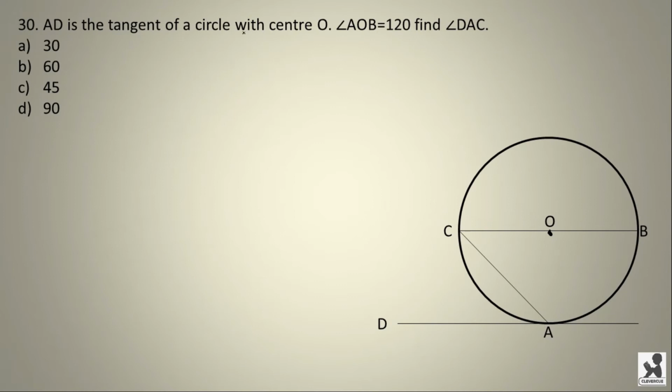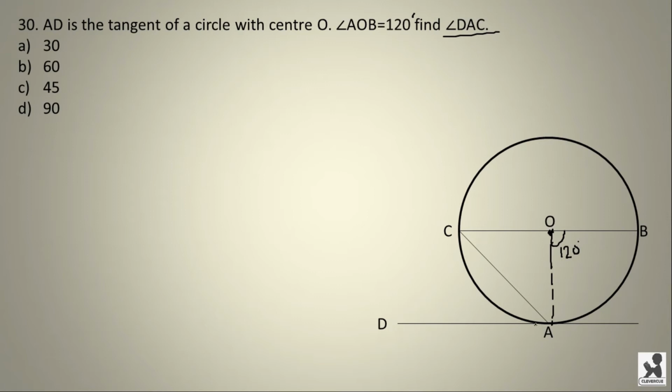AD is the tangent of a circle with center O. Angle AOB is given as 120 degrees. Find angle DAC.